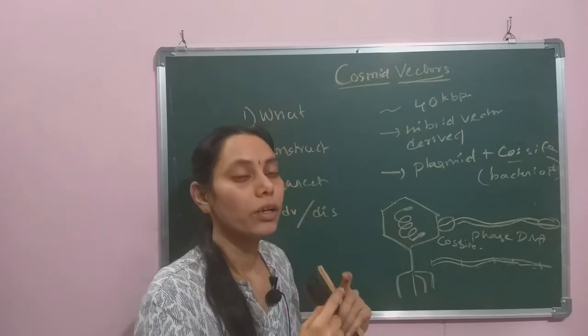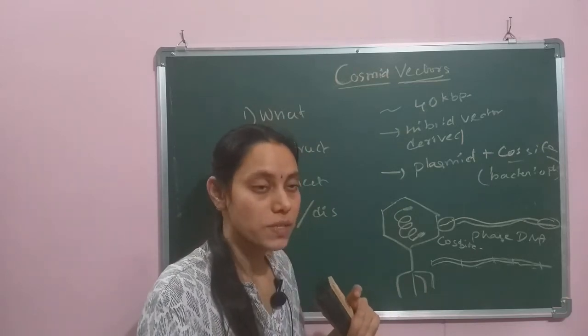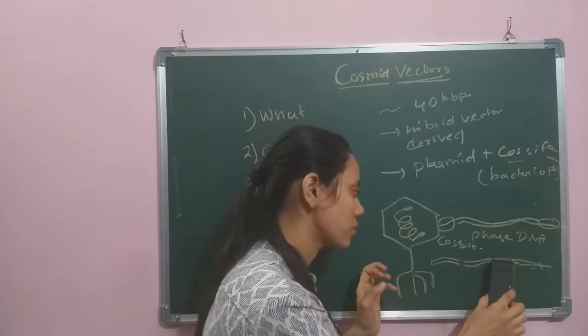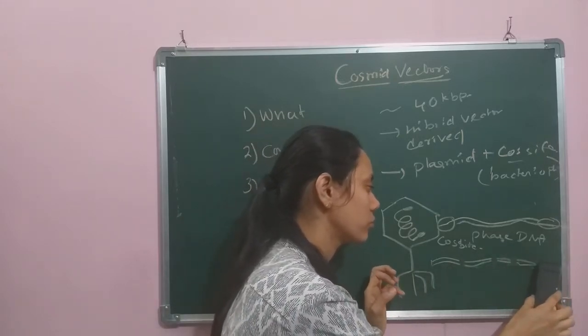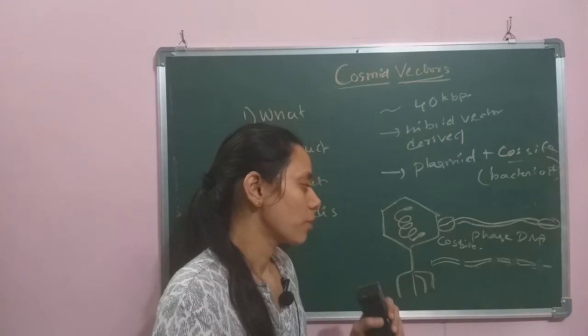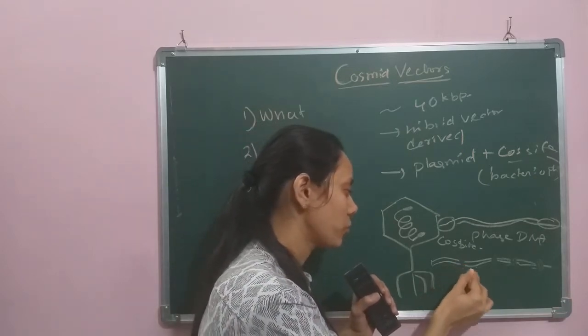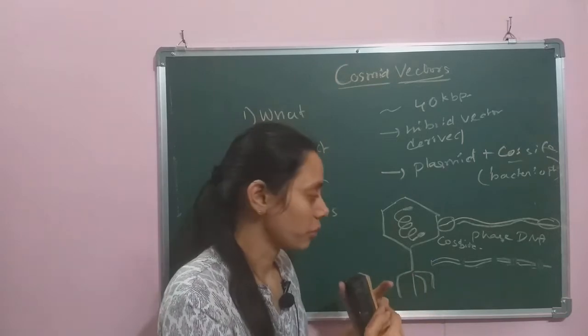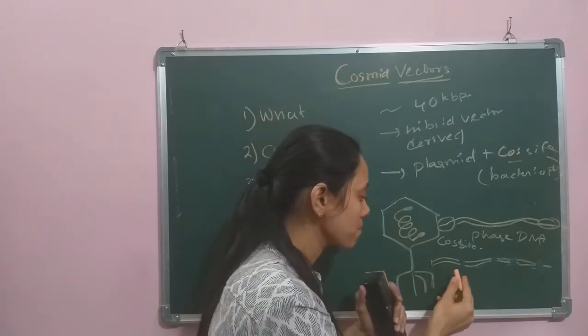So it produces multiple copies in a single stretch, and the cos sites, due to their complementary nature, will make this concatemer.